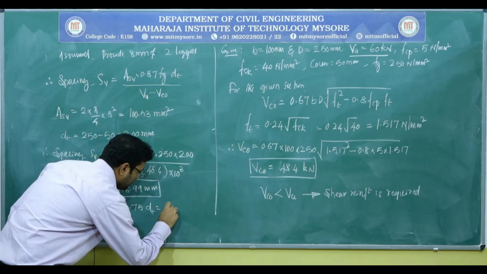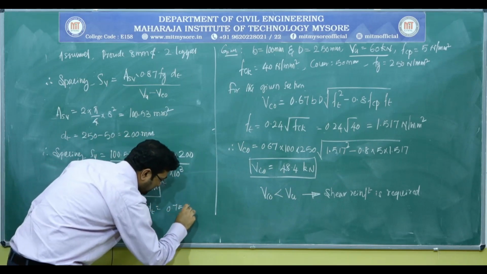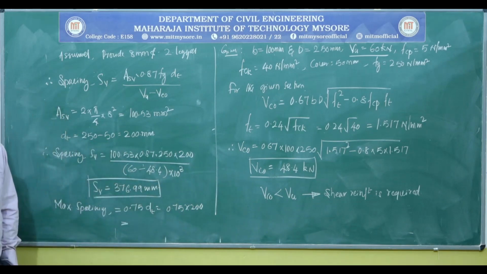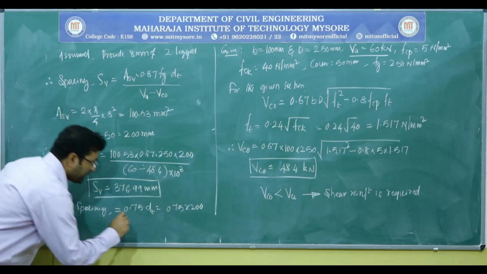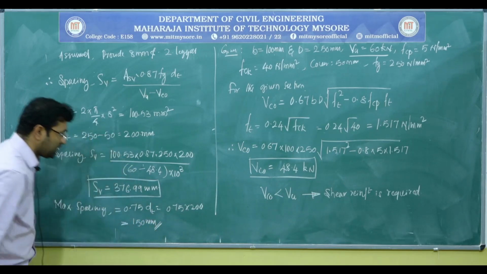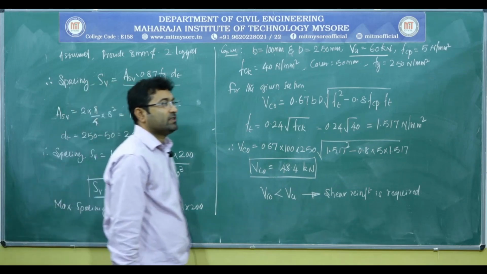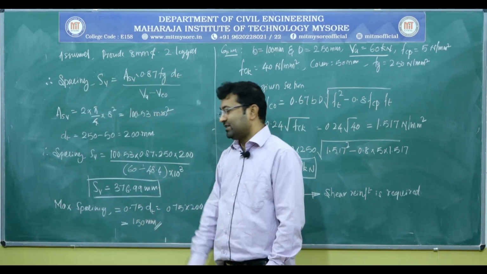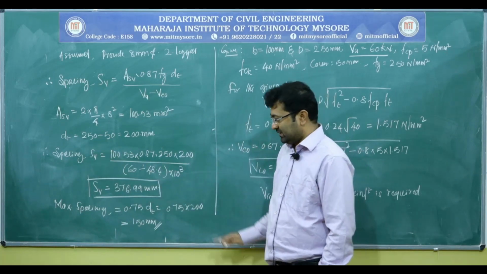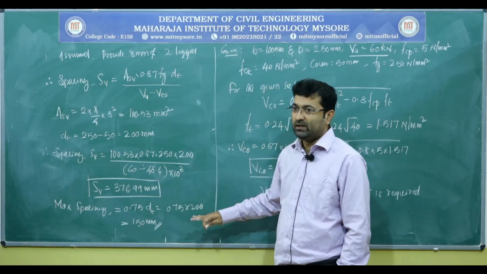So here 0.75 into 200. So the maximum spacing will be 150 millimeters. We cannot provide a spacing more than this value, even though the actual required is higher than that, because this is the restriction from the code book.